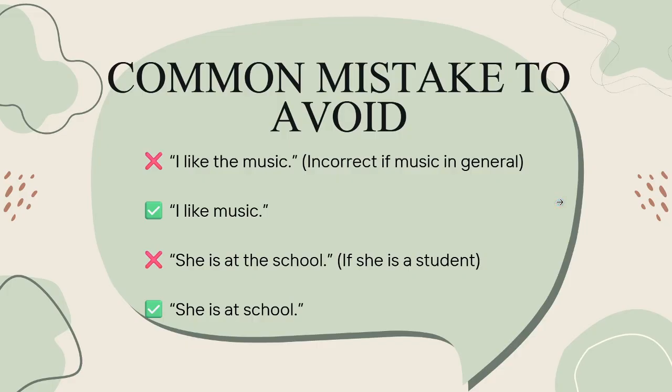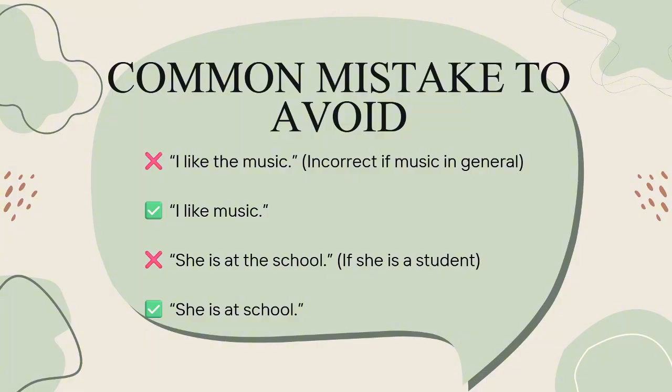Common mistakes to avoid. This is very important. I like the music. This is incorrect, because with music, in most cases, we will be talking about it in general. So, in this case, we are using no article: I like music. She is at the school. In this case, we are talking about a student, so the school could be any school.